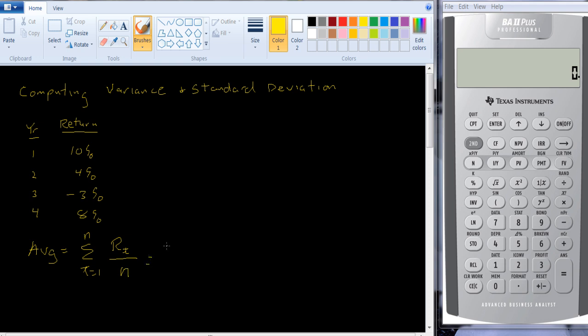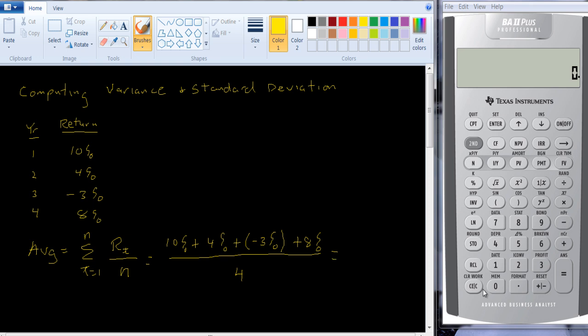So we have 10% plus 4% plus a negative 3% plus 8%, and that's all going to be divided by 4.